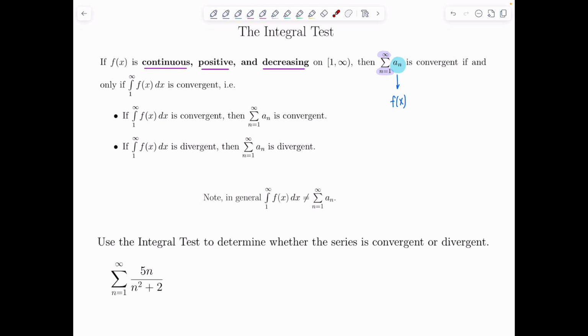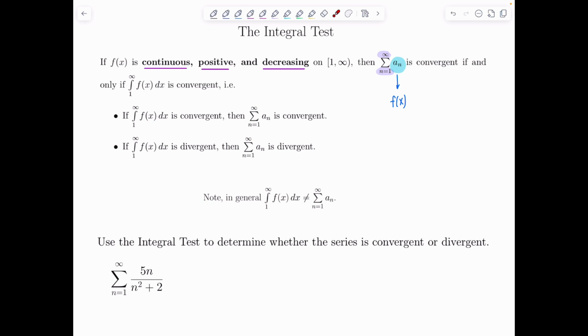Okay? And then just so you know, the value of the improper integral, if it ends up being convergent, is generally not equal to actually what the value of that infinite sum is. So one of the most common examples is looking at P series, and we can refer to that in a video I did prior.